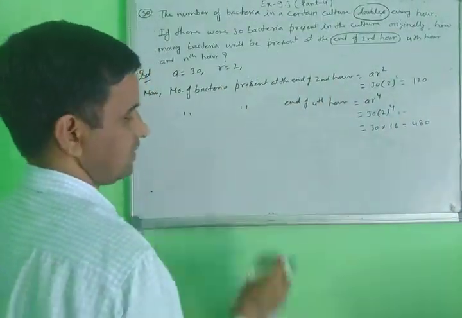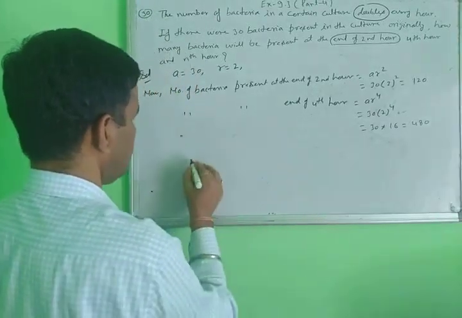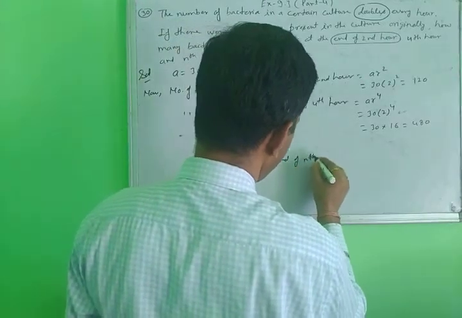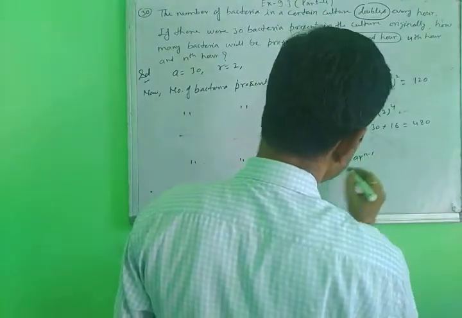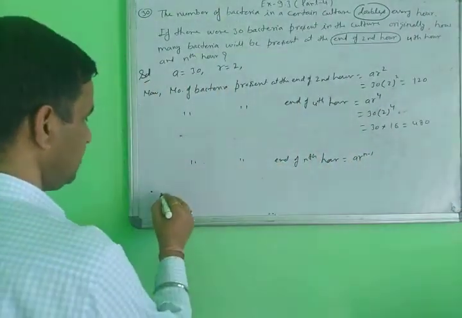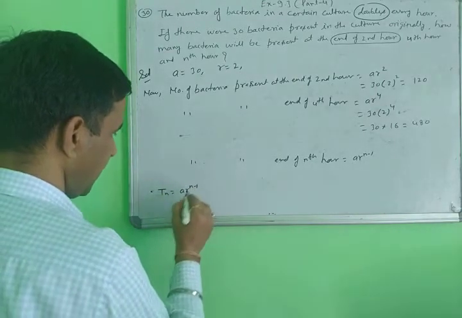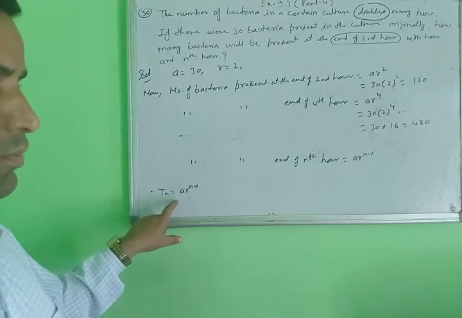The same thing here for the nth hour: number of bacteria present at the end of the nth hour. You know the nth term of a GP is AR to the n minus 1. This one is the nth term of the GP.